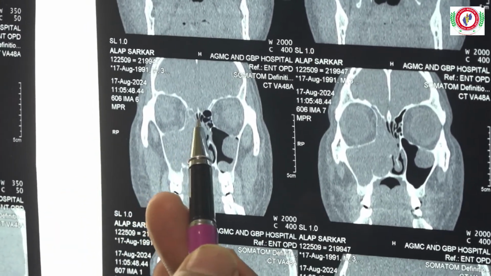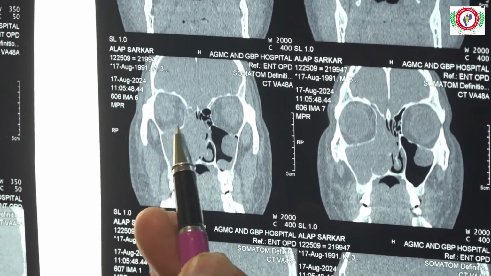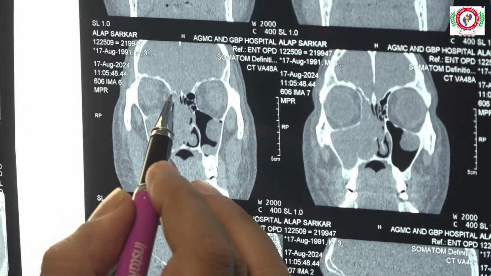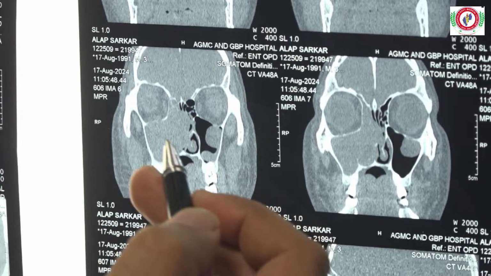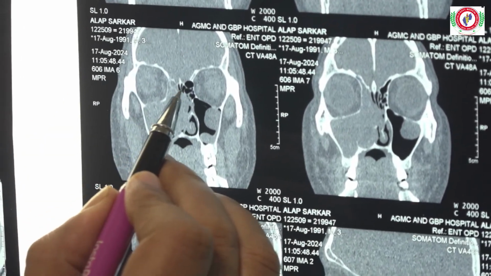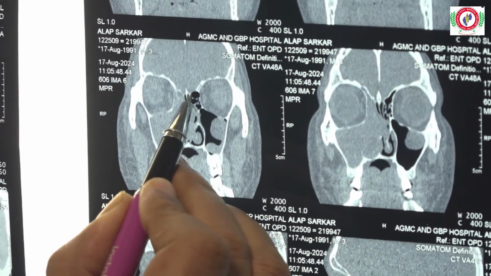The anterior ethmoidal artery comes out at this point between the medial rectus and the superior oblique muscle, and in this case it runs along the skull base. So it is not in a mesentery, but is running along the skull base. We are not having a very prominent anterior ethmoidal artery in this case.